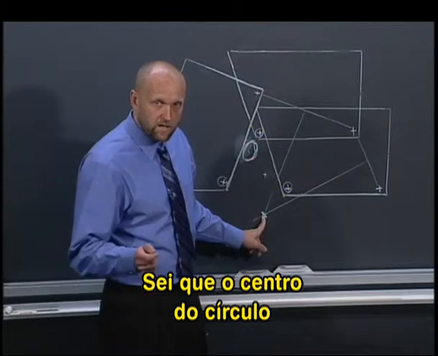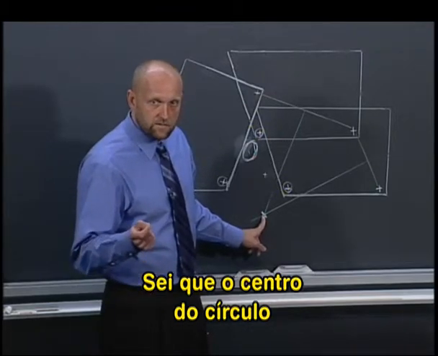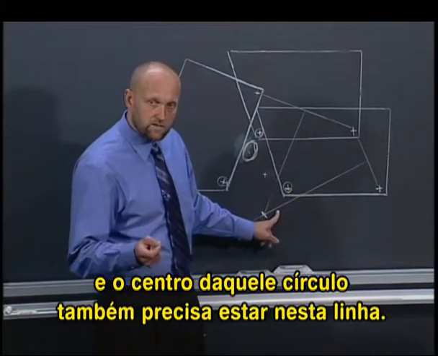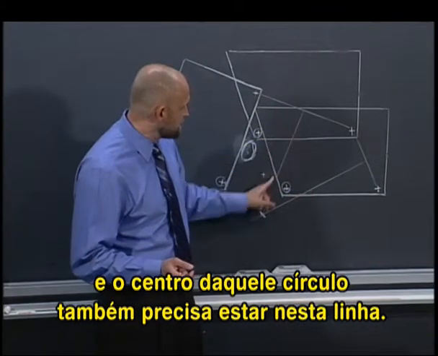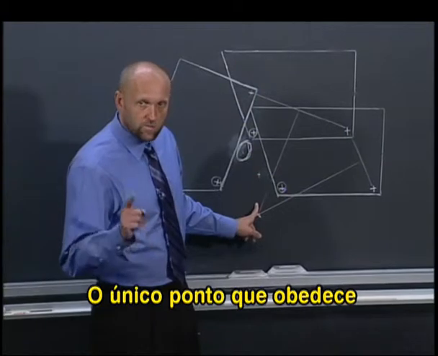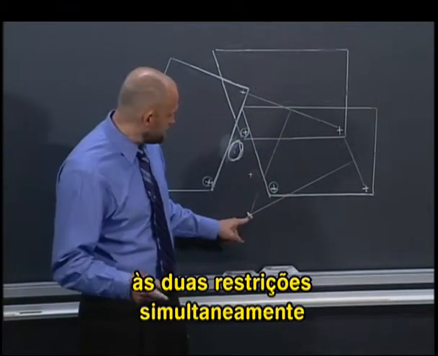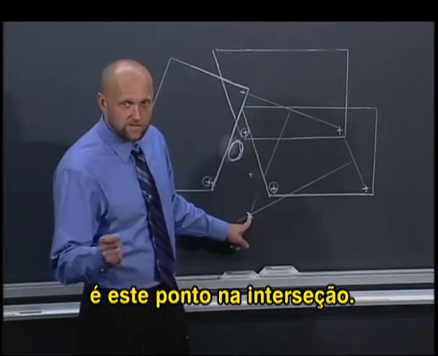You see, I know that the center of that circle needs to be on this line, and the center of that circle also needs to be on this line. The only point that obeys those 2 constraints simultaneously is this point at the intersection.